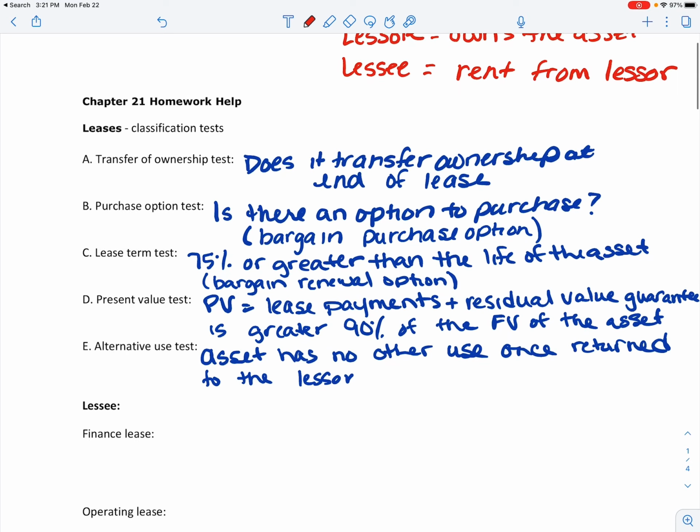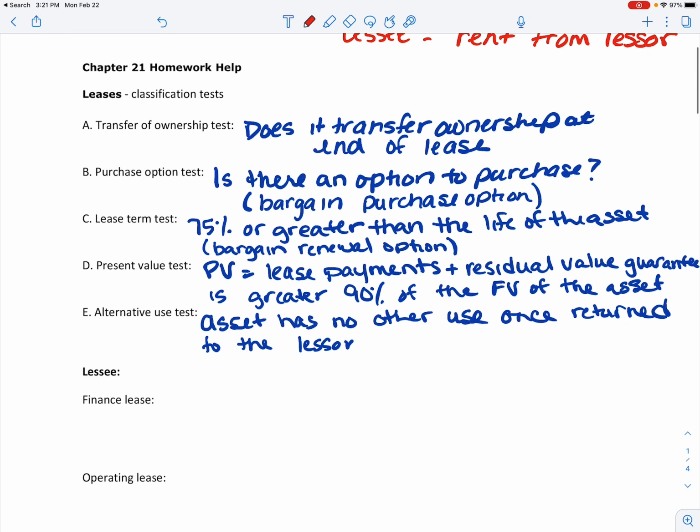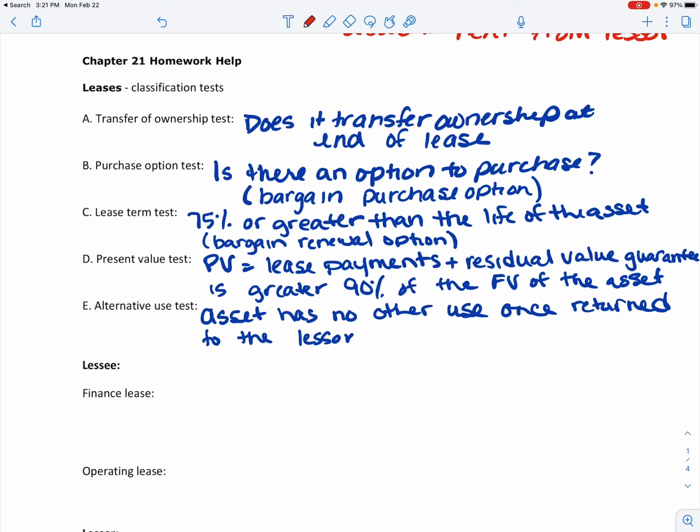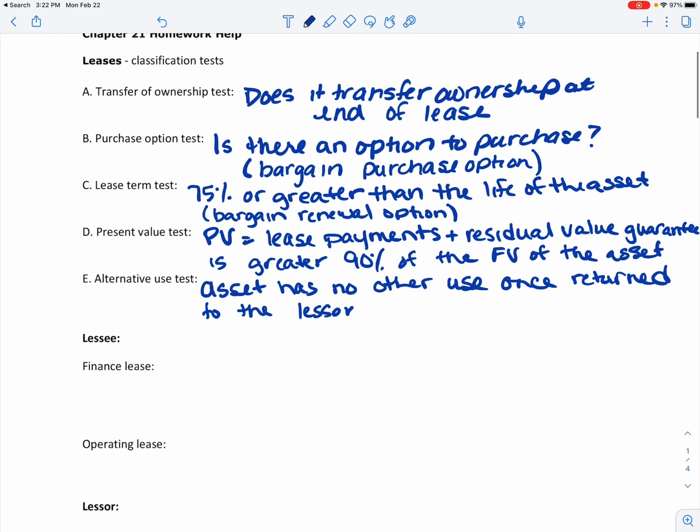So from these classification tests, what do we do with that? First, from a lessee standpoint, if you answer yes to any of these tests, and the lease is non-cancelable, then it's classified as a finance lease. So if we answer yes and it's non-cancelable, it's going to be treated as a finance lease.